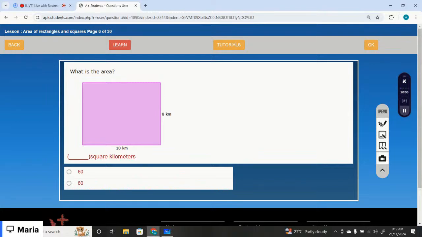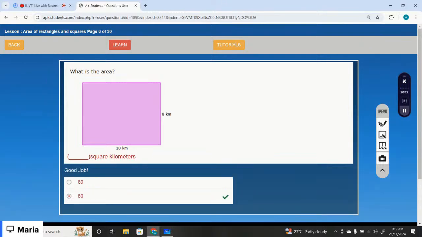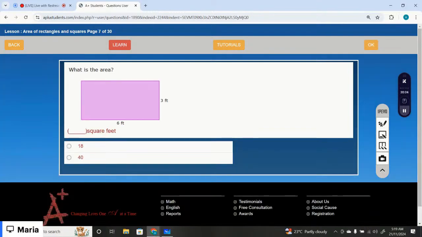What is the area? Which is the correct option? You have to do length times width. So 10 times 8 is 80. Option number 2 is the correct option. What is the area?